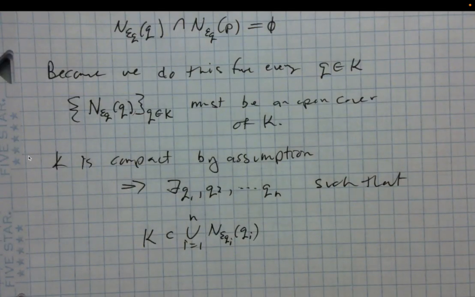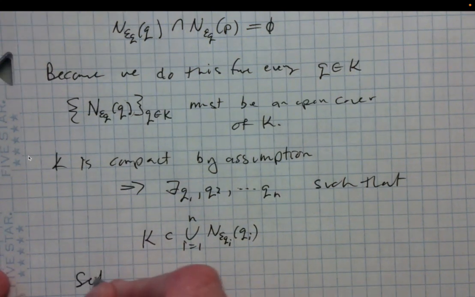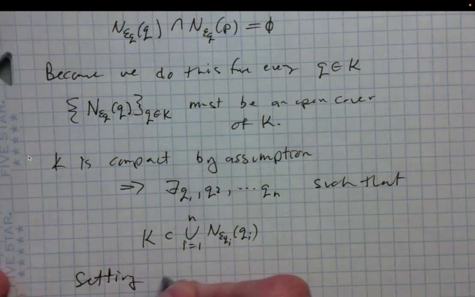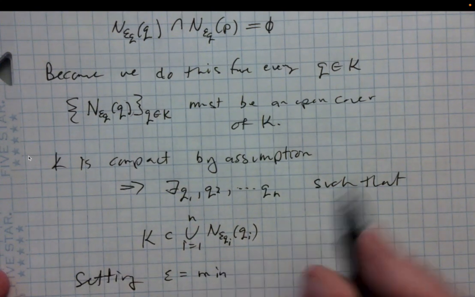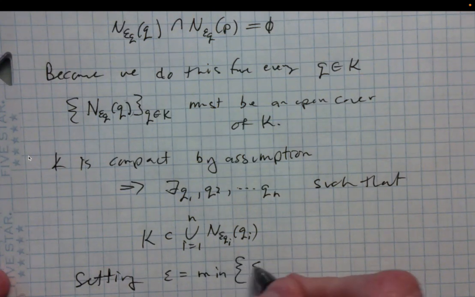So K is a subset of finitely many of these epsilon neighborhoods. And so all we have to do is identify the minimum epsilon. So just set epsilon equal to the minimum of epsilon Q sub i, i equals 1 to n.